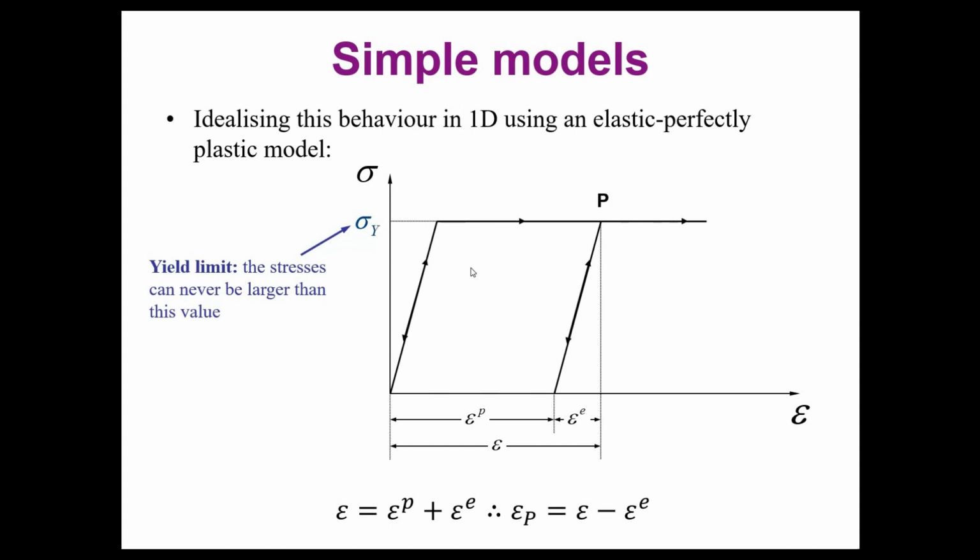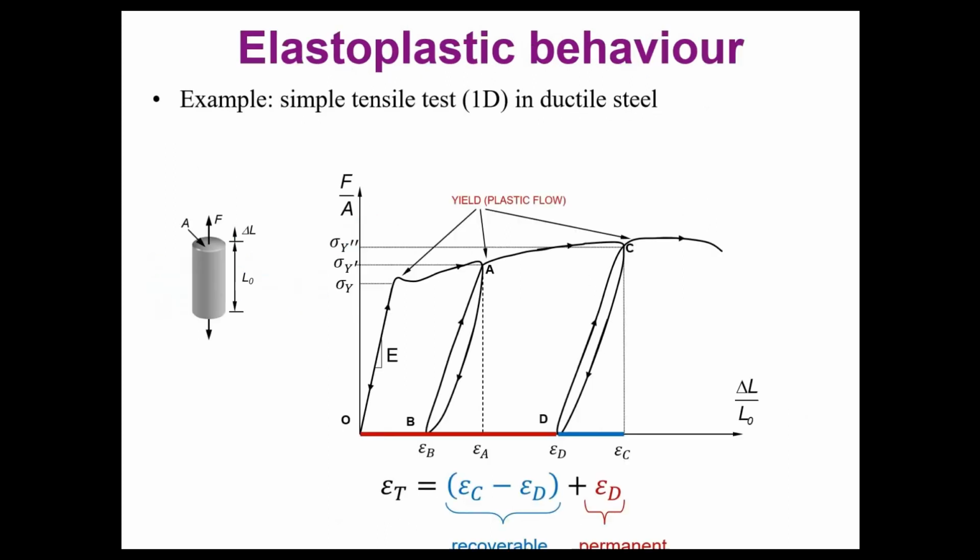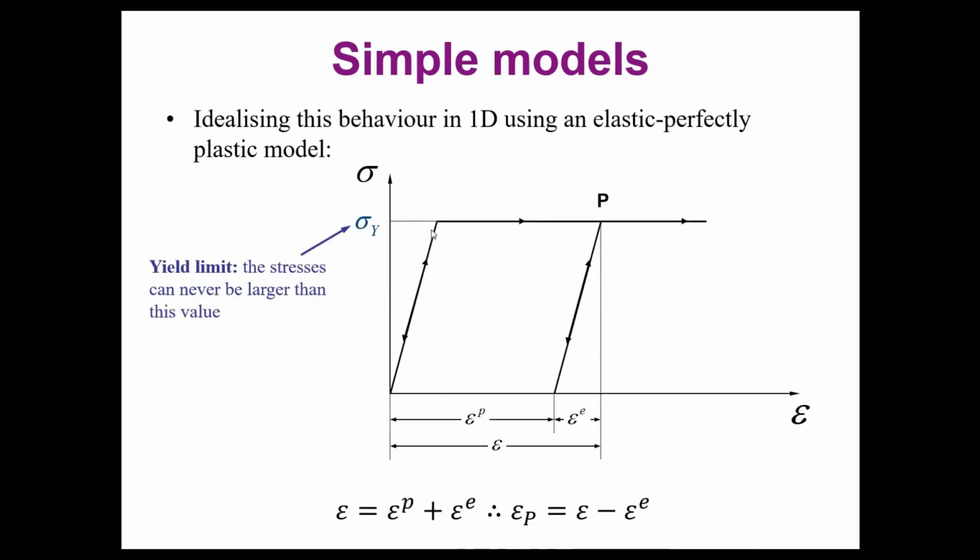So in this case, we lose the capacity to capture the hardening we have in this real test, but at least we capture the change in behavior, so we are capturing the change from the elastic behavior to the plastic behavior. So this model, even when it's very simple, is able to capture the change from the elastic regime to the plastic regime.